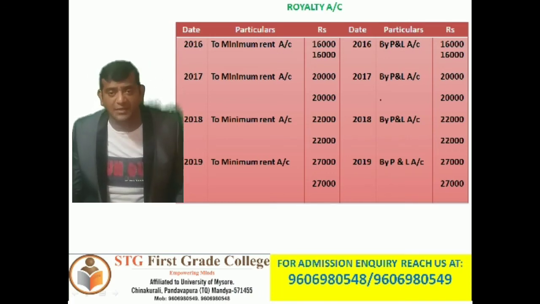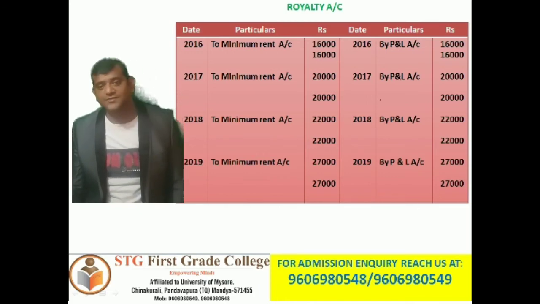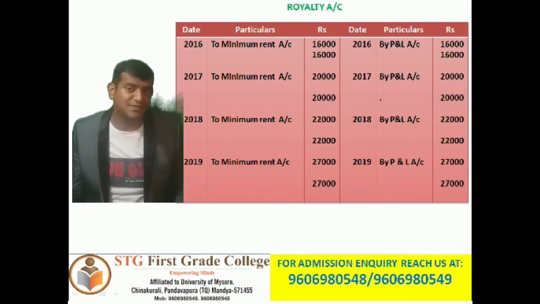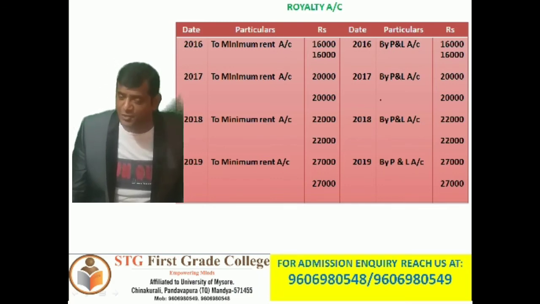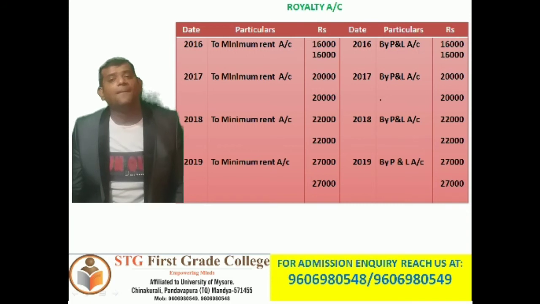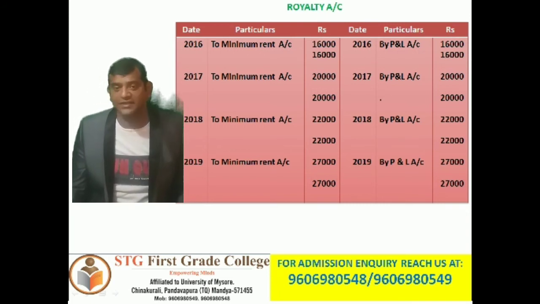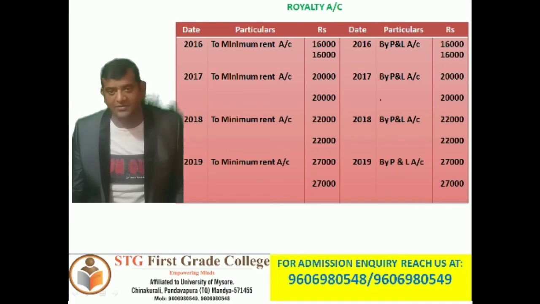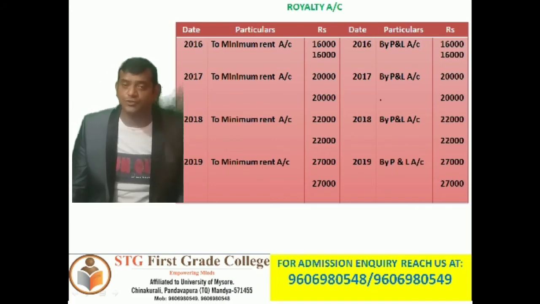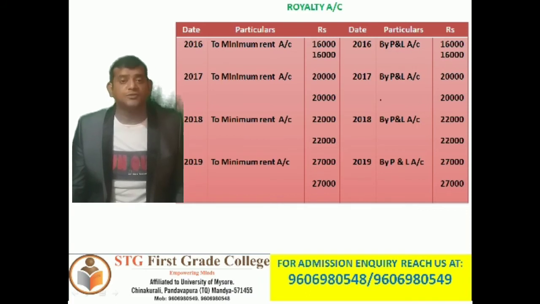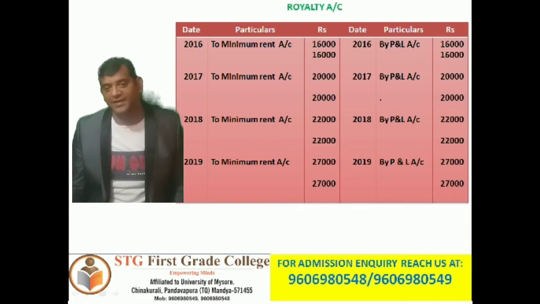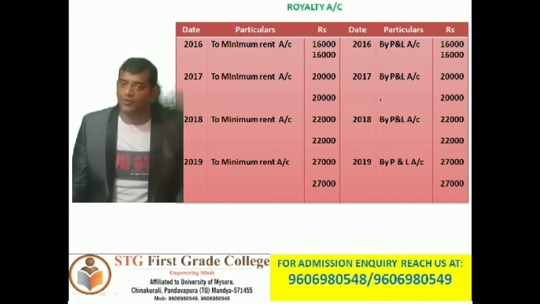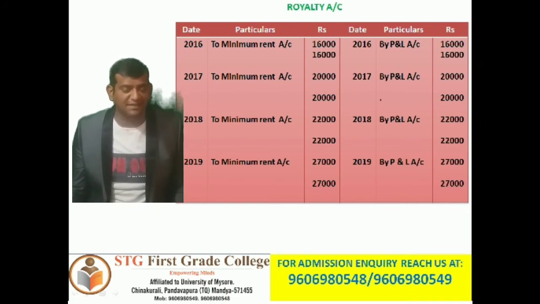So to minimum rent account 16,000, by P&L account 16,000, both the sides total 16,000 and 16,000. 2017 to minimum rent account 20,000, by P&L account 20,000, both sides total 20,000 and 20,000. 2018 to minimum rent account 22,000, by P&L account 22,000, both sides total 22,000 and 22,000. 2019 to minimum rent account 27,000, by P&L account 27,000, both sides total 27,000 and 27,000.